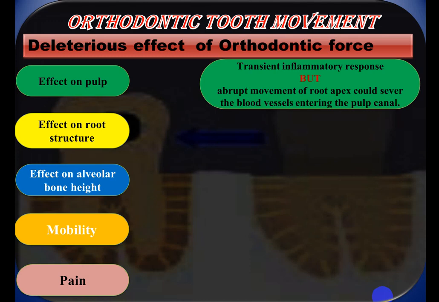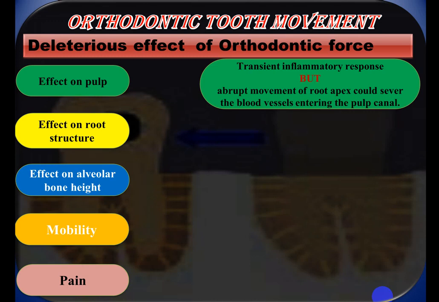But keep in your mind that a large enough abrupt movement of the root apex, I mean sudden movement of the root apex, can cut off or sever the blood vessels entering the pulp canal. So keep this in your mind.